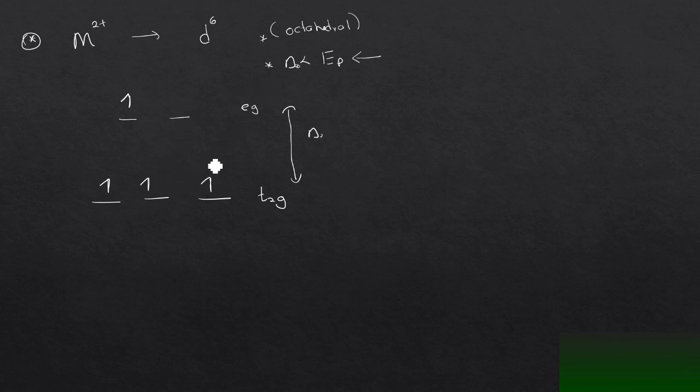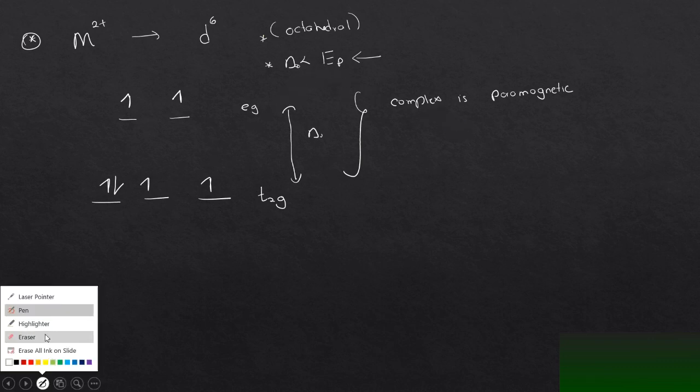So 1, 2, 3, 4, 5, and now there is no space, so the next one will pair. As you can see, there are unpaired electrons, which means the complex is paramagnetic.